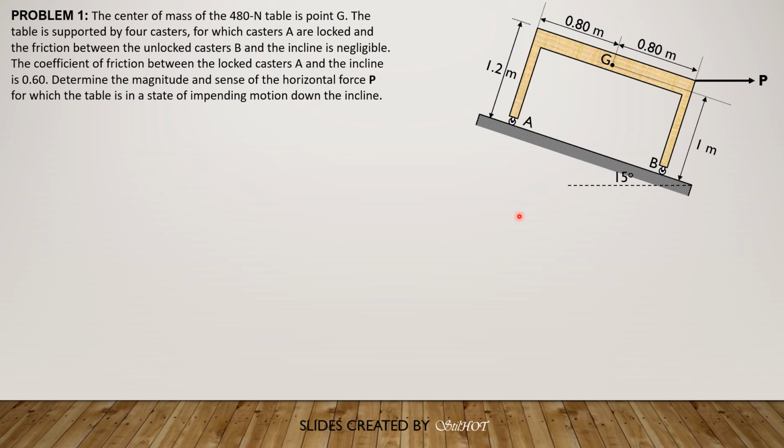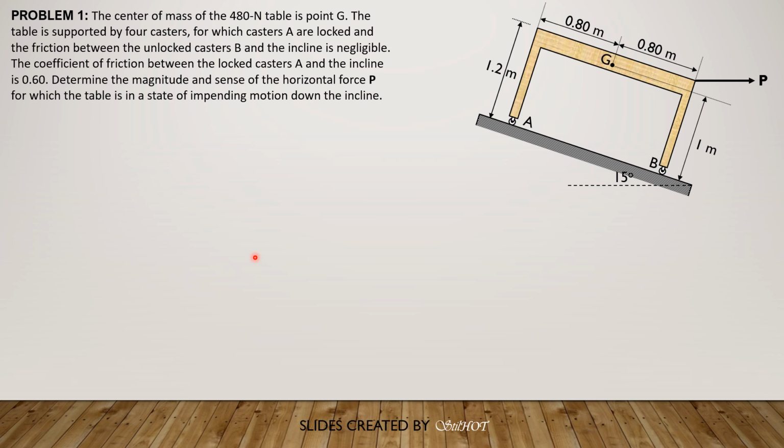So let us compute the force P, assuming that the table will slide. Definitely it will slide downward because that's the condition here. The magnitude and sense of P for which the table is in a state of impending motion down the incline. So that's the given.